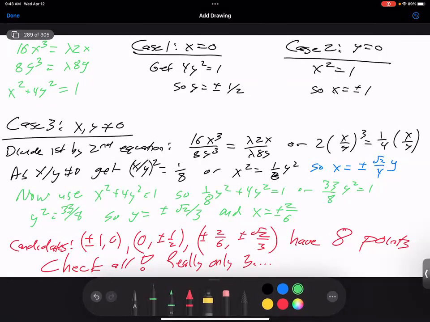So y is going to be plus or minus, I'm just going to leave it a square root of 33/8 in the interest of time, and x is going to multiply that by √2/4, so it's going to be plus or minus the square root of, I think, 66 over 8 times 4 is 32. Oh, wait, the 8 is inside the square root, right?